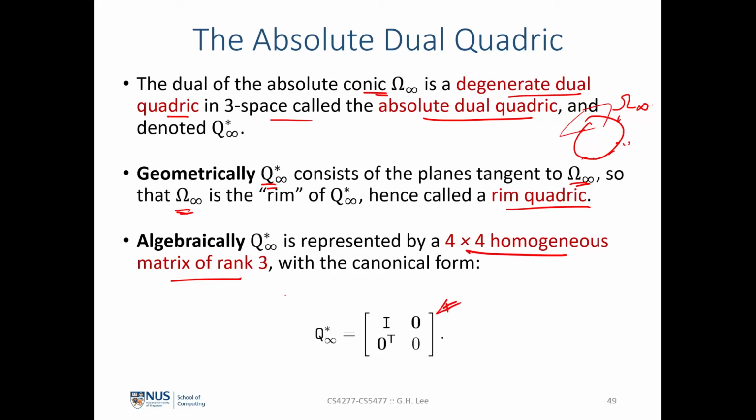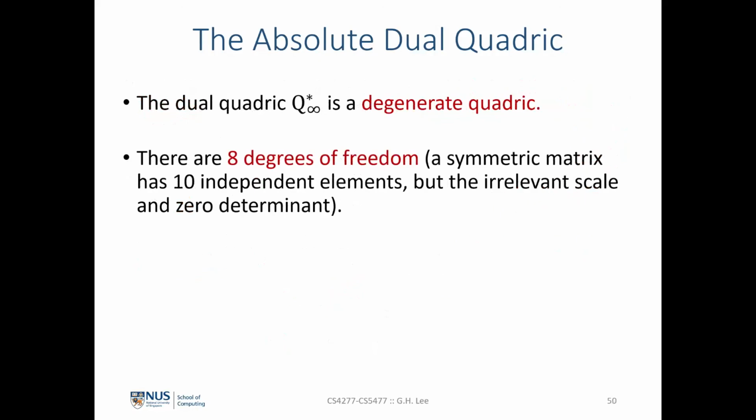In comparison, omega infinity, the conic, is just an identity matrix, and in this case here it is given by the identity with padded columns and rows of zeros. And the dual quadric is a degenerate quadric. There are 8 degrees of freedom because it's a symmetric matrix with 10 independent elements, but the irrelevant scale and determinant of 0 will take off 2 degrees of freedom from these 10 independent elements.